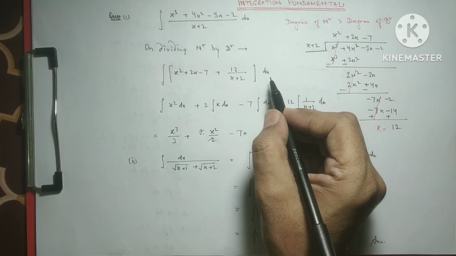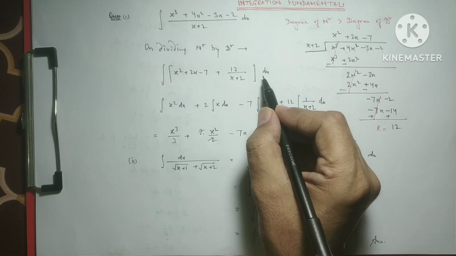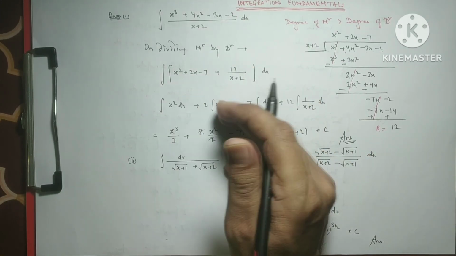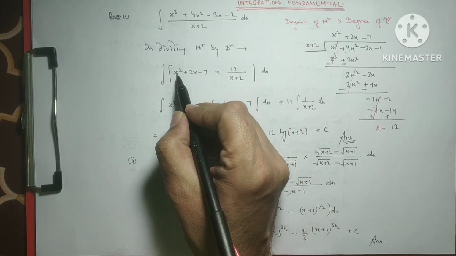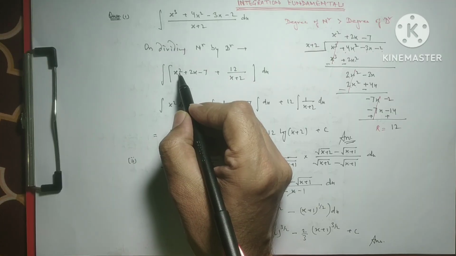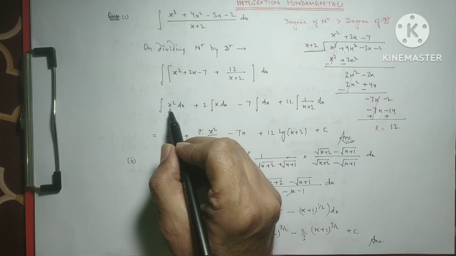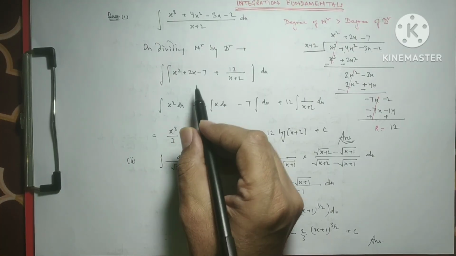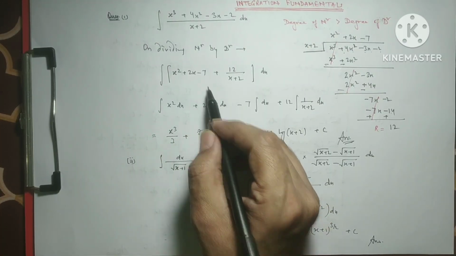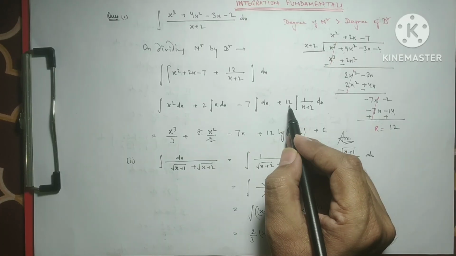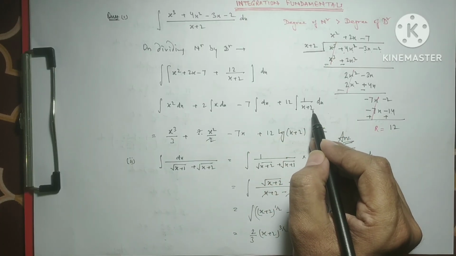Now we can integrate this expression. So this is x square, and according to power formula, x to the power n integration, it will be x square dx plus 2x dx minus 7 dx, and 12 is common, and 1 over x plus 2.